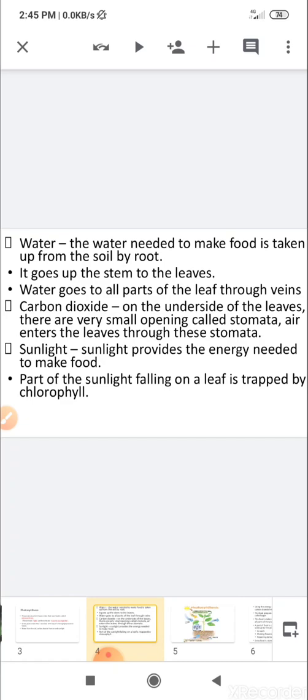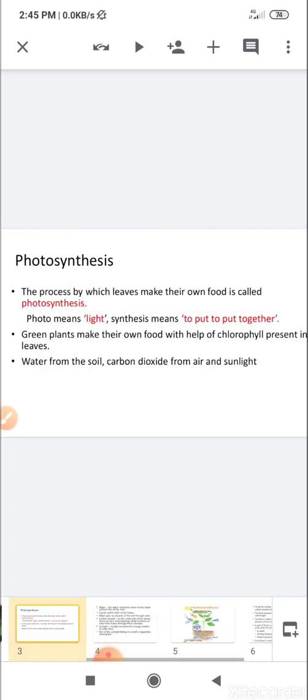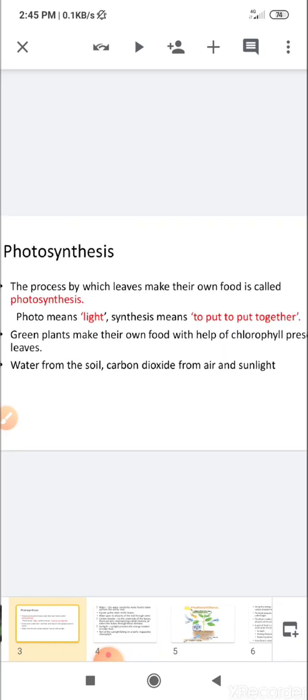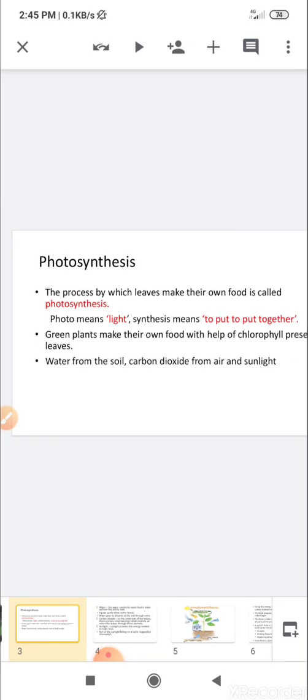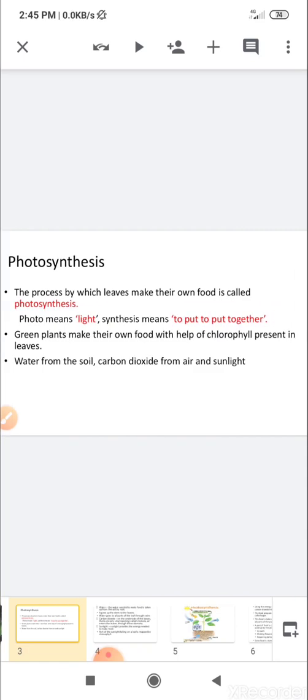Now we will look once again at how a plant makes food by photosynthesis. The process by which leaves make their own food is called photosynthesis. Green plants make their own food with the help of chlorophyll present in the leaves.